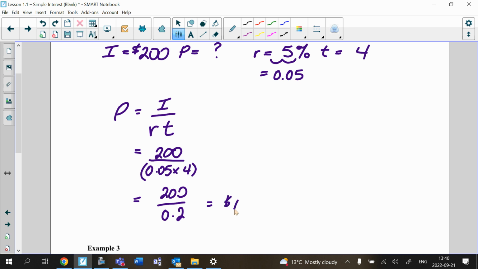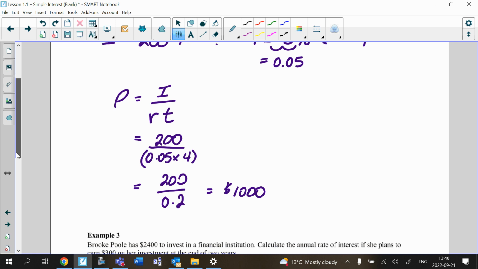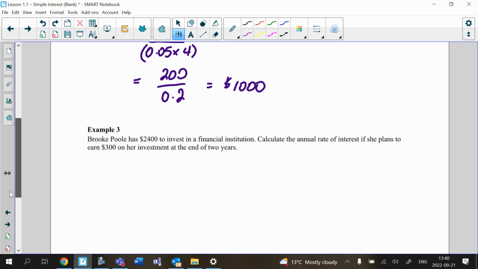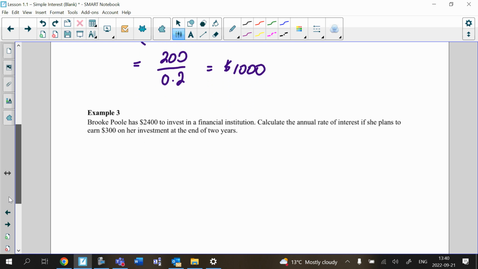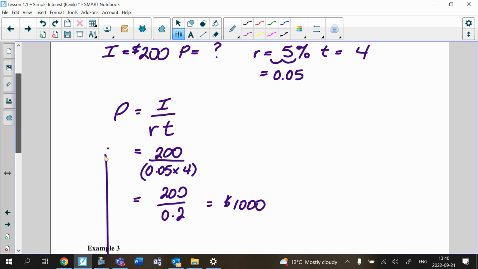How about example 3? Again, when you get a question like this, write down what you know, write down what you're trying to figure out. So Brookpool has $2,400 to invest in a financial institution. What does the 2,400 represent?